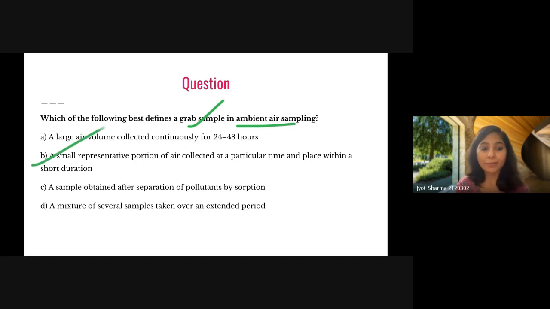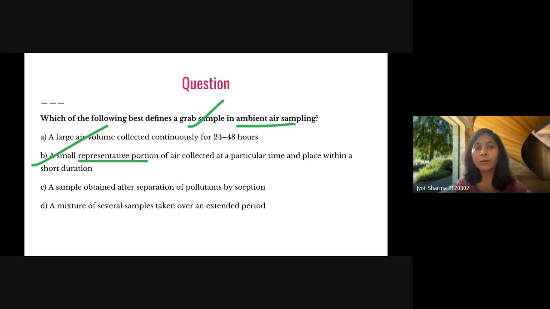The answer is B. So what it is saying is that it is a small representative portion. Sampling is nothing but, like, we have a population, but if we want to see the nature of the population, what we are doing is sampling it. Like out of 1 lakh population, we are just collecting the data from, let's say, 10,000.